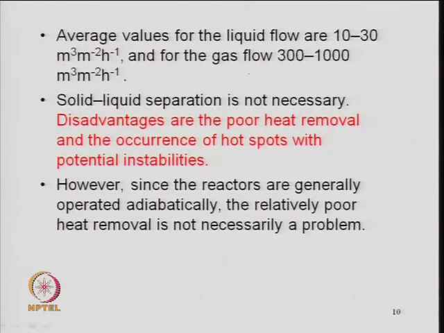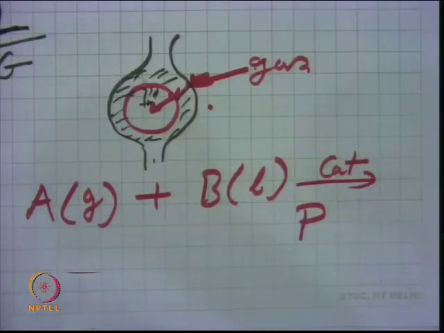So, this factor becomes important: what is the liquid flow rate, what is the gas flow rate. Depending upon that you will have the pressure drop variation, and when the pressure drop changes, you have several other secondary problems inside the bed. So, you need to look at all those.